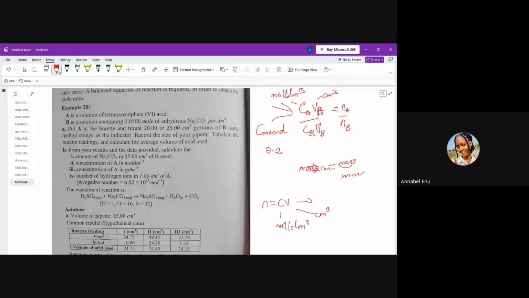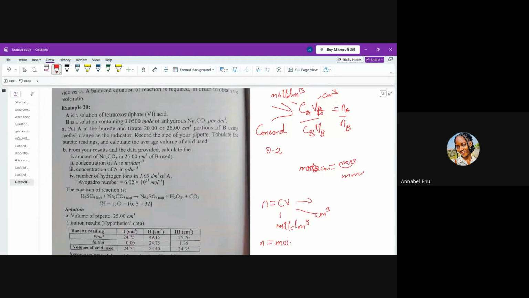Why? Because the unit for number of mole is mole. So if we are using centimeters cube and dm cube together, it's contradicting, and our unit will no longer be mole because dm cube cannot eliminate cm cube since they don't have the same weight. dm cube is larger.